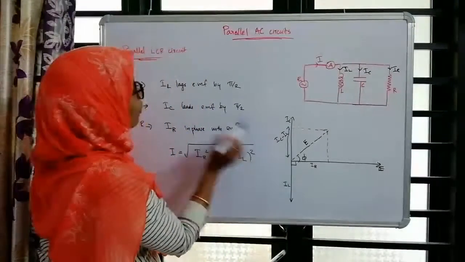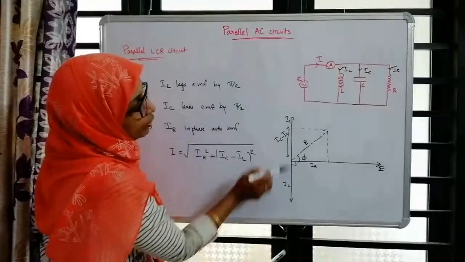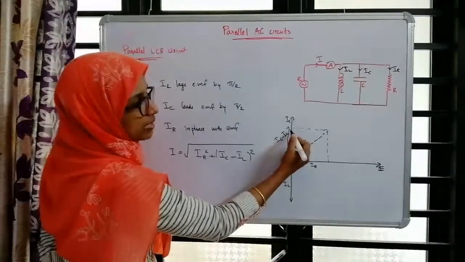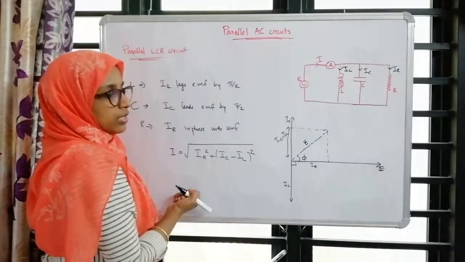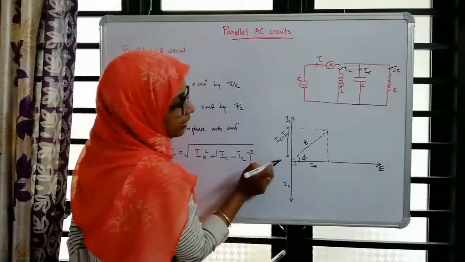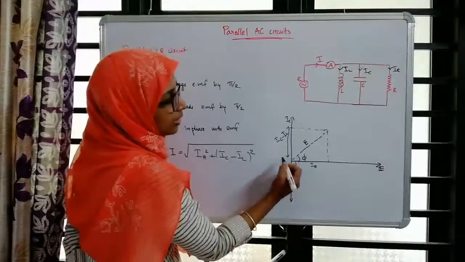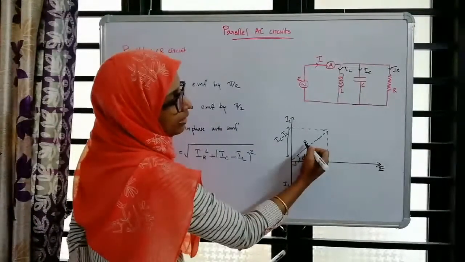Also IC is leading by an angle pi by 2, and the net effect of this leading and lagging is placed as IC minus IL as this component. So IR is in phase, and here the net effect of LC, that is IC minus IL, and these two will be added to give the resultant effect for the E.